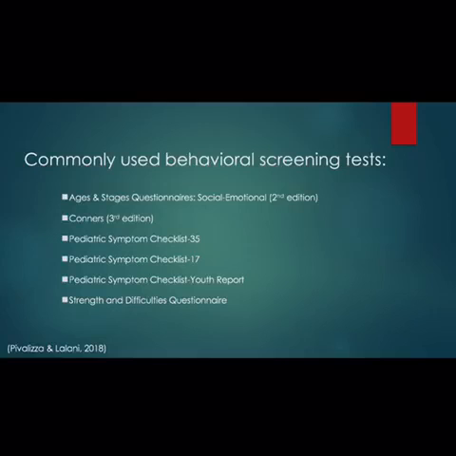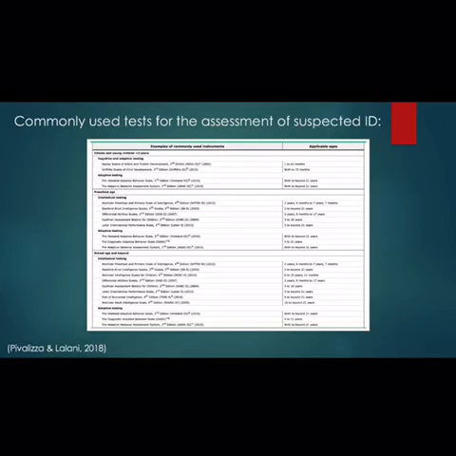Although these tests can be useful for identifying children with ID, the diagnosis of ID, as stated earlier, must be made based on individualized and standardized tests which are customarily administered by a clinical psychologist. Such tests include the ones depicted in this chart, with the Wechsler scales being the most commonly used tests for children.